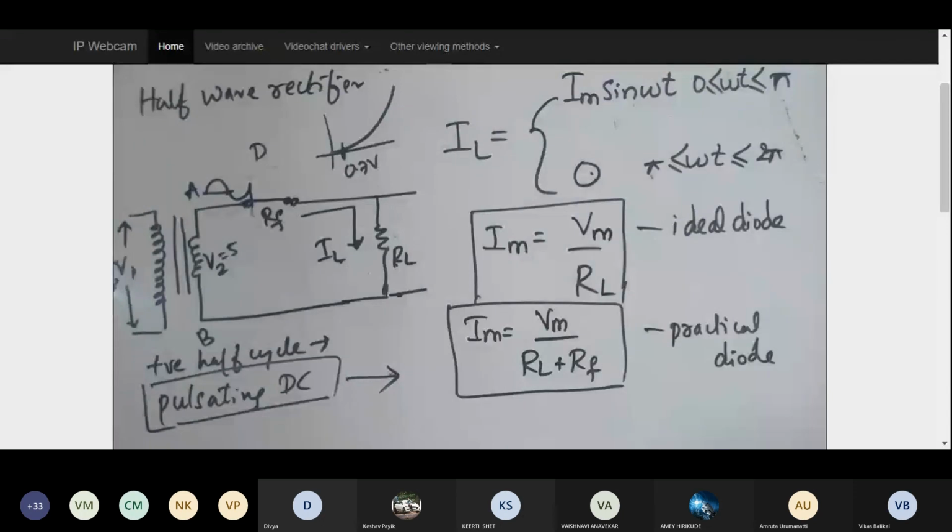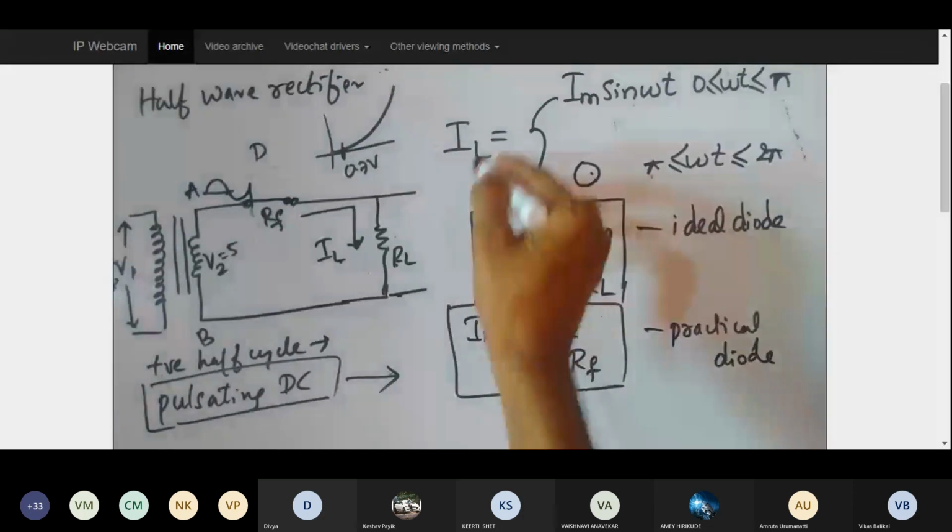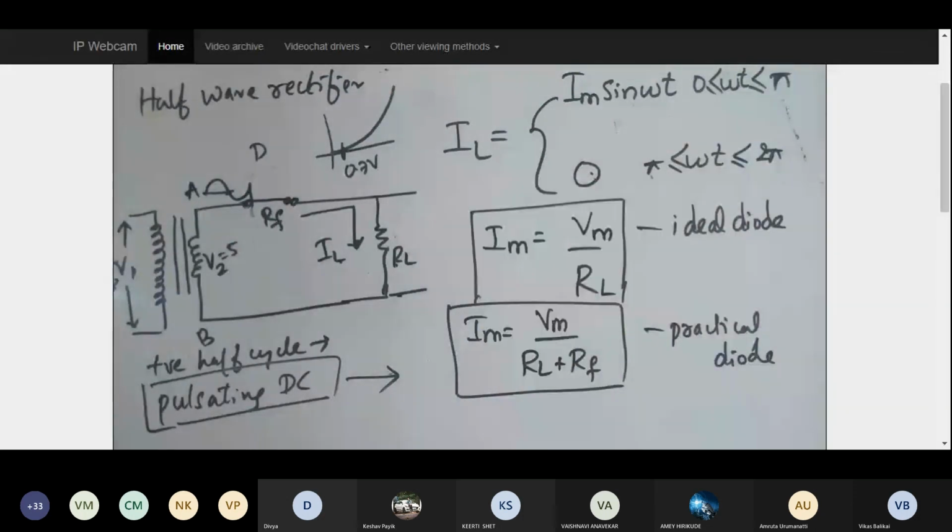Now I gave you an output current equation. How was my output current? It was coming only during the positive half of the input cycle, and it is completely zero in the negative half. So basically my load current. Even though we say AC to DC conversion happens, I say that DC is not in its purest form, it is in its pulsating form.